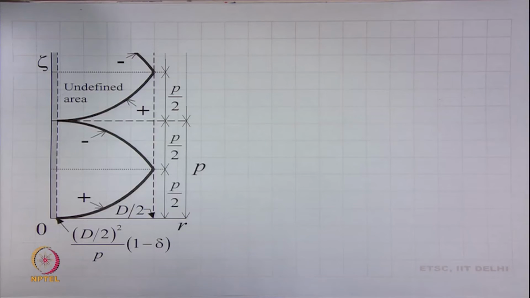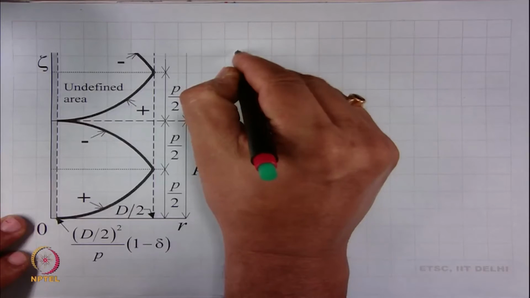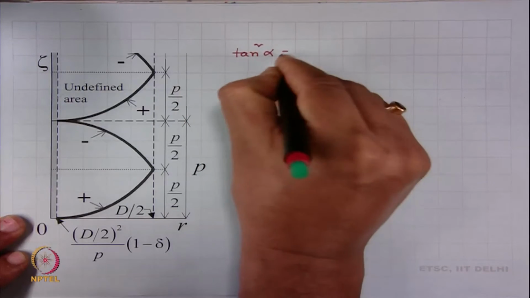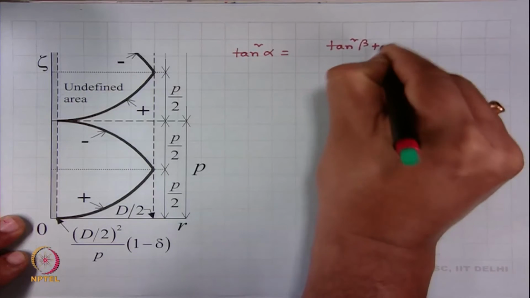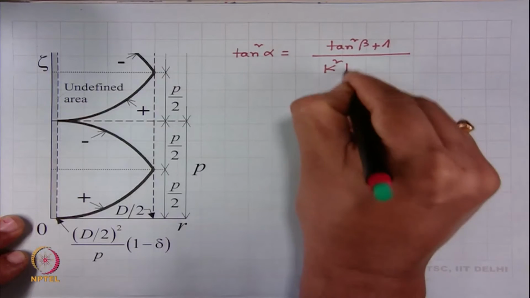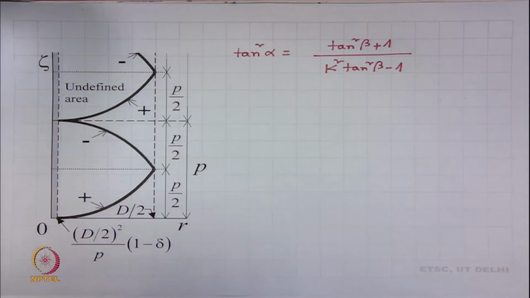So, what is the fiber path? According to this, tan square alpha equals tan square beta plus 1 over k square tan square beta minus 1.